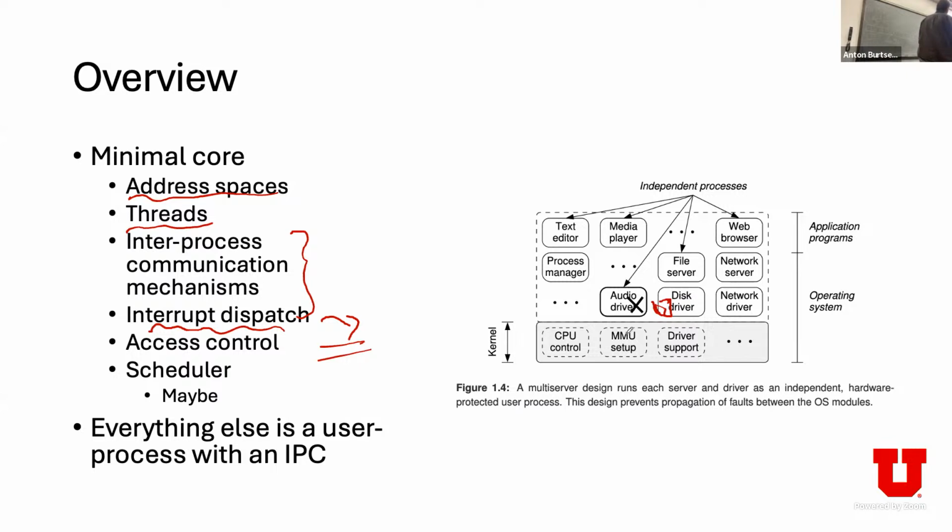The same for memory, or if you want a process to run on a specific subset of CPUs because you're afraid of timing channel attacks, then you say, look, you have a right to run on those CPUs, but no one else in the system has the right to do that, and then you're completely isolated, right? Those are the things which go into the microkernel, and everything else runs as a user level process which communicates with the rest of the system through inter-process communication mechanisms, right?